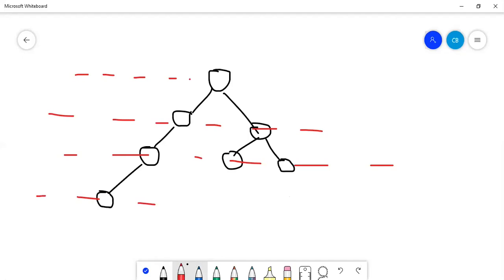So let's compute the height of different subtrees. For example, if you are here, what's the height of the left side subtree? Let's see, 1 level, 2 levels, 3 levels. So the height of the left subtree for this node is, in our case, 3. Now, what's the height of the right subtree? 1 level, 2 levels, so it's 2.